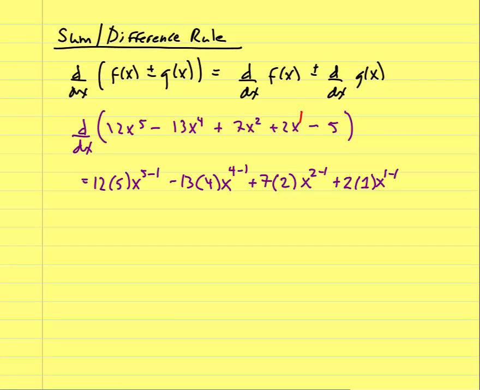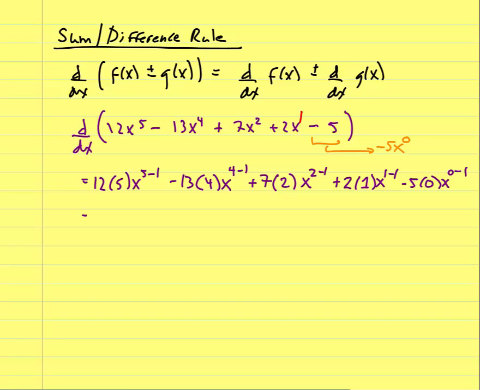Now with my constant, I could remember my rule, the derivative of a constant is 0, or I can remember that this is actually x to the 0. So another way I can rewrite this one, let me write this off to the side, negative 5 can be rewritten as negative 5x to the 0. So if I think about it that way, I bring the 0 out front, decrease the exponent by 1.